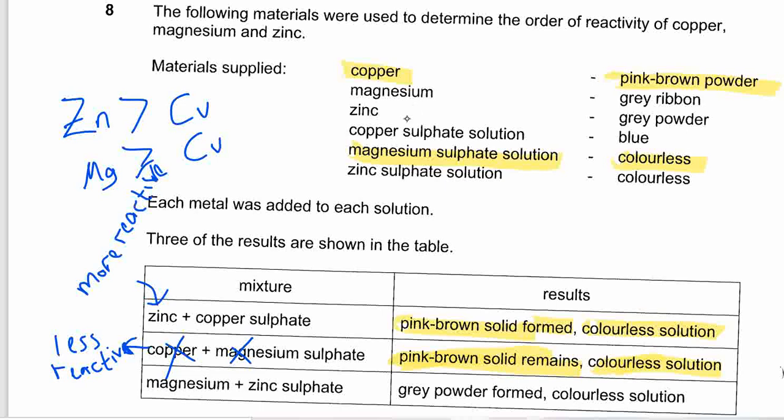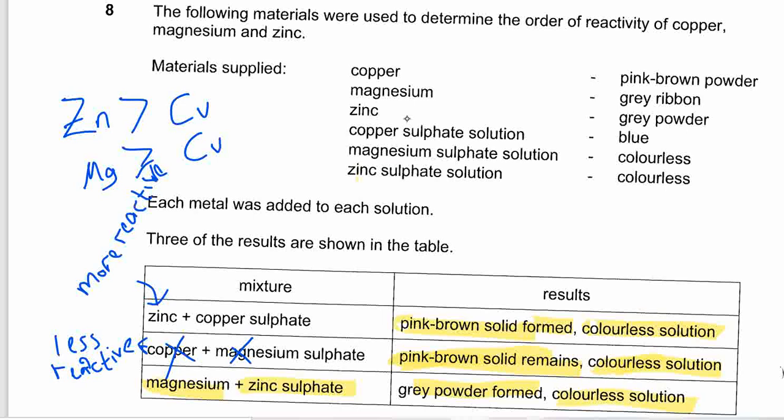Next, between magnesium and zinc sulfate. You see the magnesium and zinc sulfate. Gray powder forms in colorless solution.